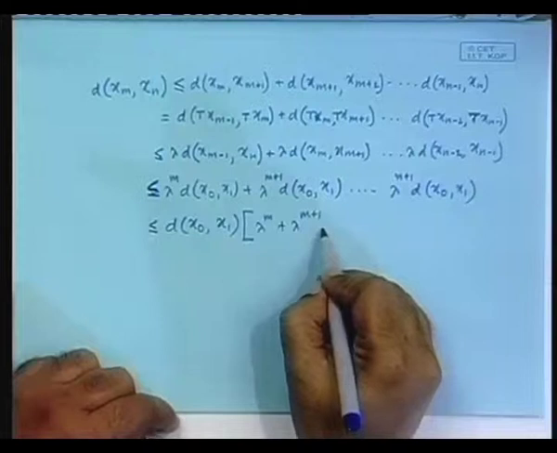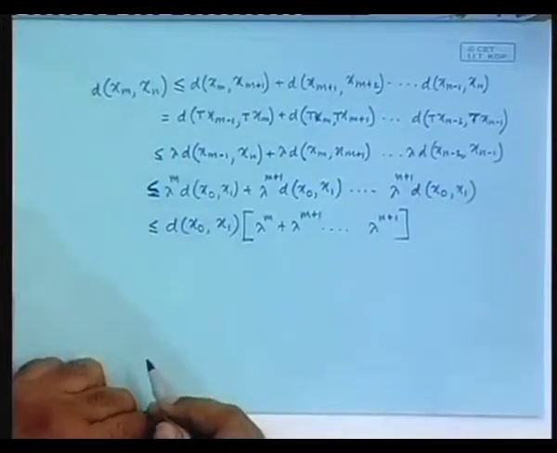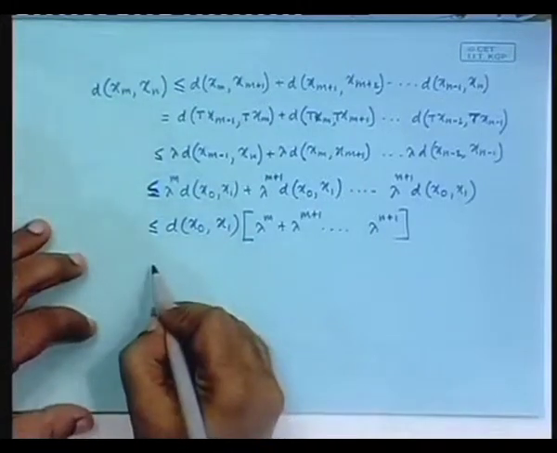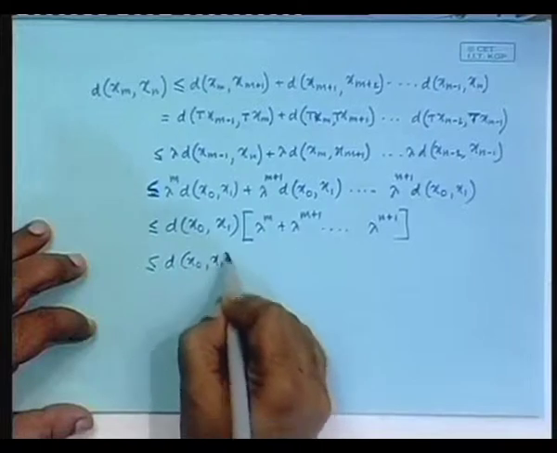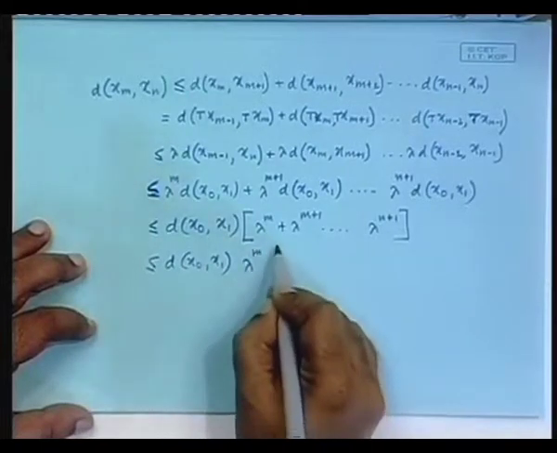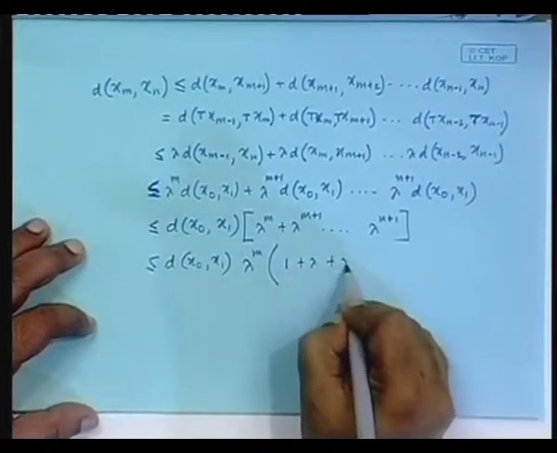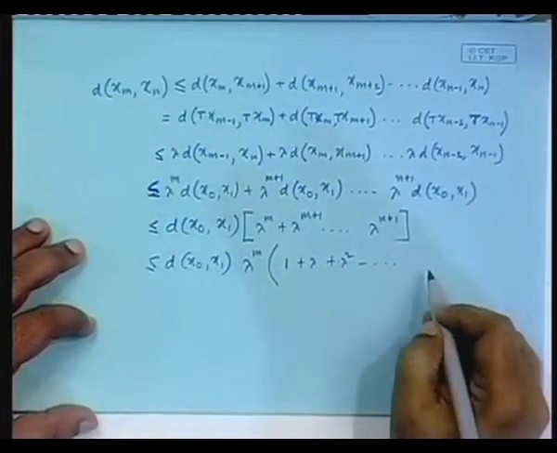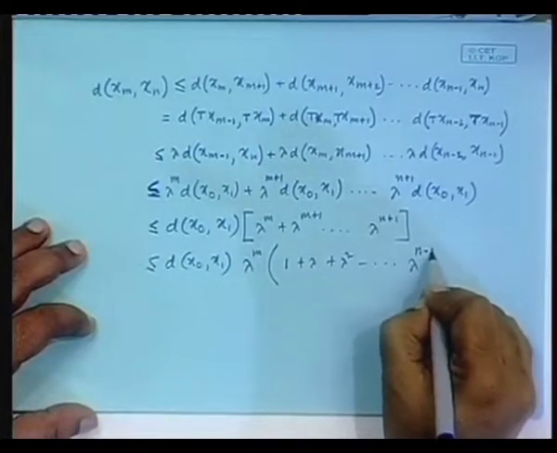So, you have this, which is nothing but less than or equal to d of x naught x 1. We will take lambda to the power m common. We have 1 plus lambda square plus, up to lambda to the power n minus m minus 1.